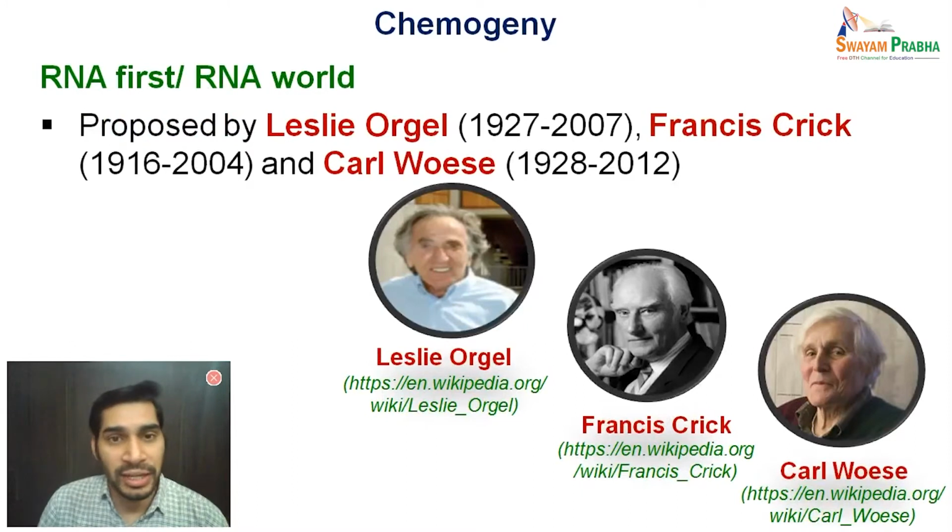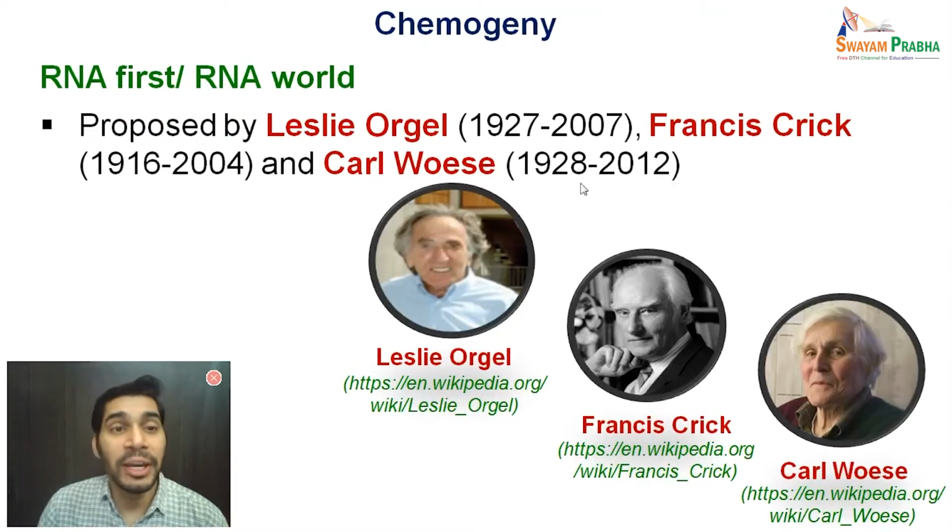Then the question comes, what came first? Was it the RNA or was it the protein that came into existence first? There are two schools of thought. One says there is an RNA world or RNA first hypothesis, proposed by Leslie Orgel, Francis Crick and Carl Woese.